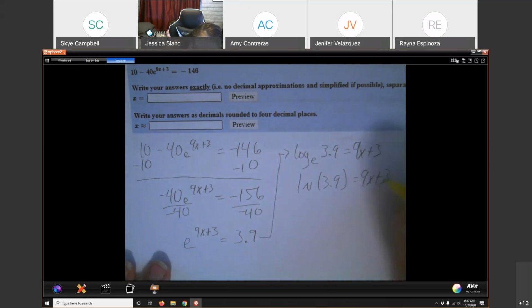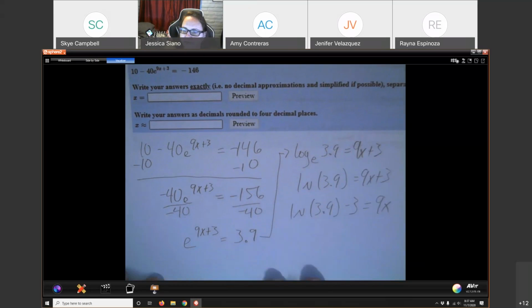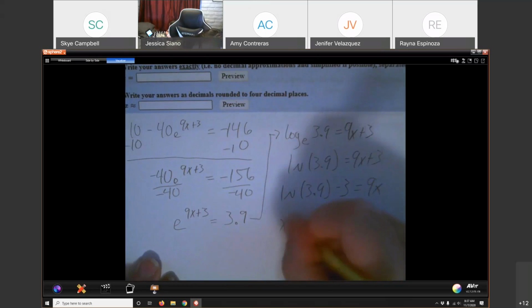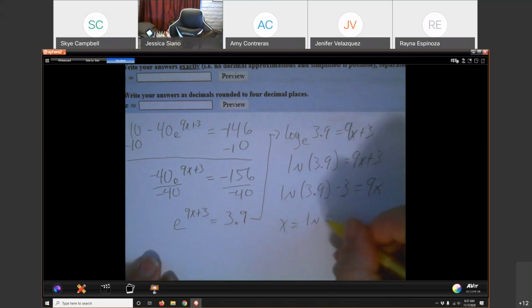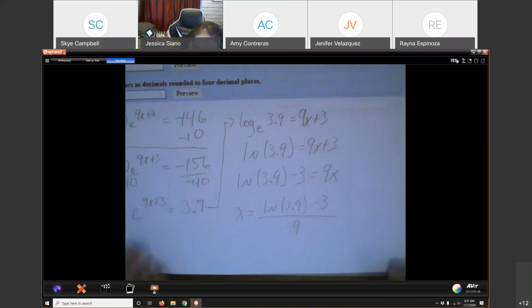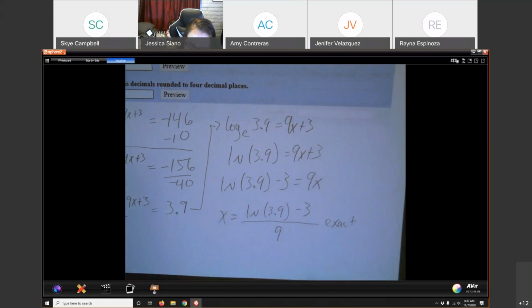Now we're going to subtract this 3. And then divide by the 9. So my exact answer here is the ln of 3.9 minus 3 over 9. Okay, that's my exact answer.